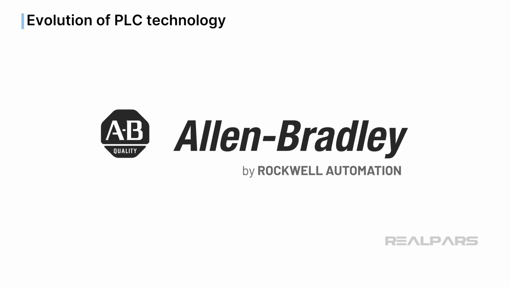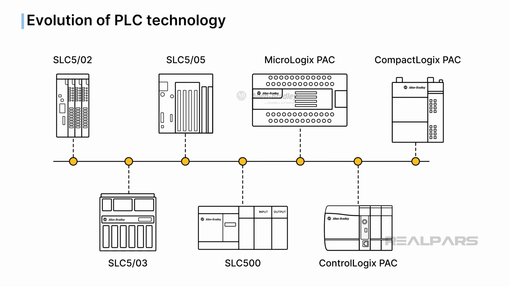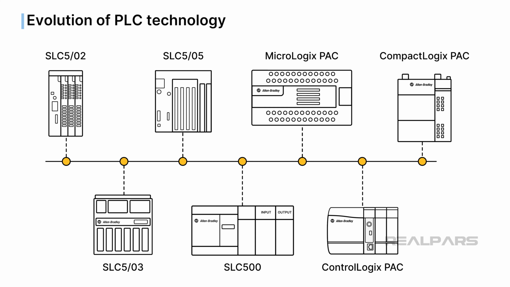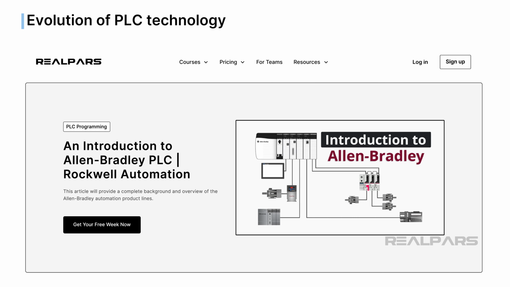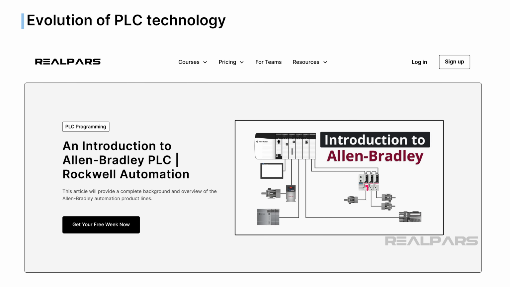The Rockwell Allen Bradley PLC platform has also gone from a larger footprint to a smaller footprint. This coincides with the advancements of computer engineering and changes in chip technology. If you want to know more about Rockwell PLC's development, check out Introduction to Allen Bradley and Evolution of Rockwell PACs.